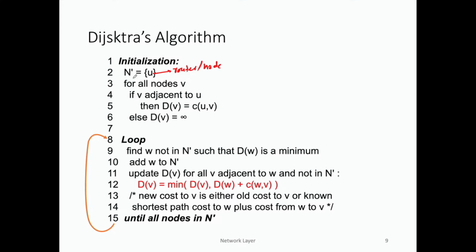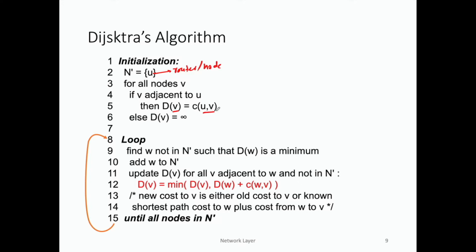So in N, we have U. N, which is the set of nodes for which we have calculated the cost, contains U only. And for all the nodes V, if V is adjacent to U, if V is the direct neighbor of U, then D(V), the cost to reach that node V, is equal to the cost to reach from U to V, right?